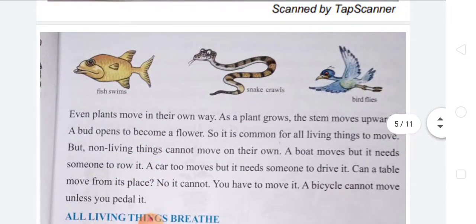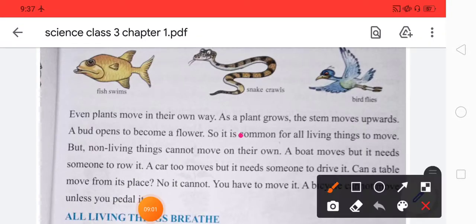Fish, snake, bird, human beings all move from one place to another. But can a plant move, students? No, plants cannot move. A plant does not have any moving organ like a leg, but it can grow and move upwards.